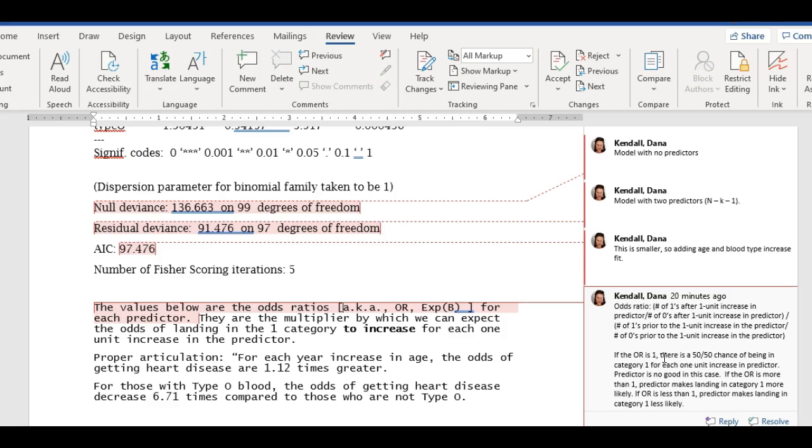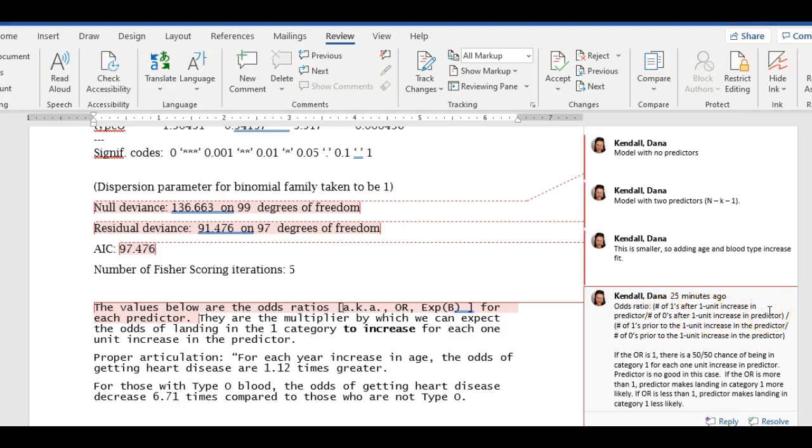All right. So the odds ratio above our line, in the numerator, we have the odds after a 1 unit increase in the predictor. So that is how many people landed in category 1, basically the number of ones in the DV, after the 1 unit increase in the predictor, over the number of zeros after the 1 unit increase.